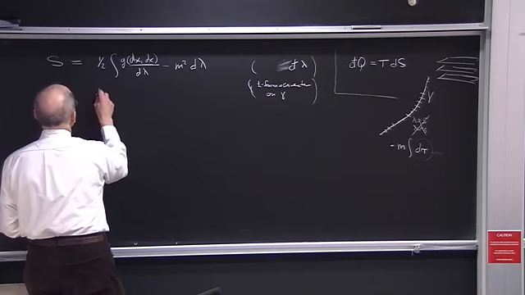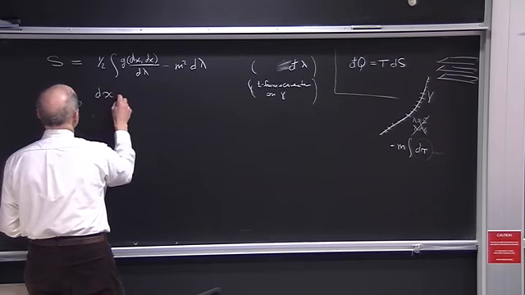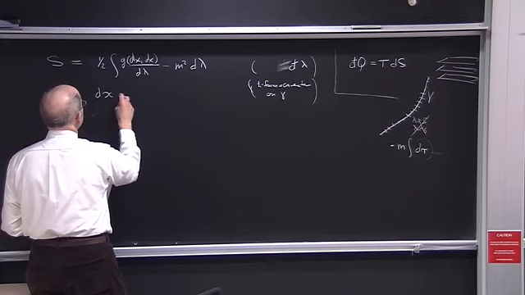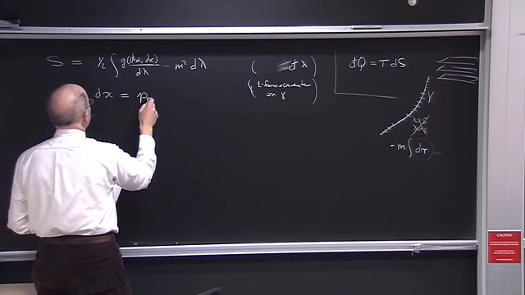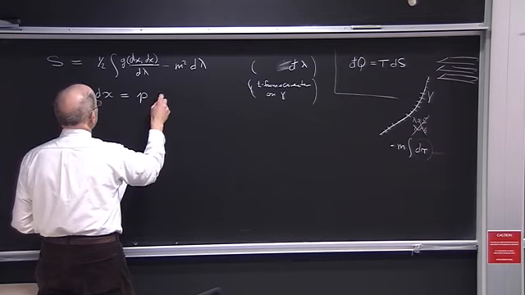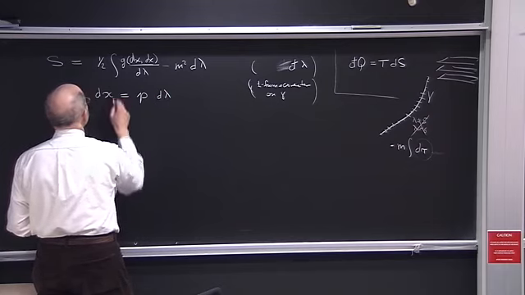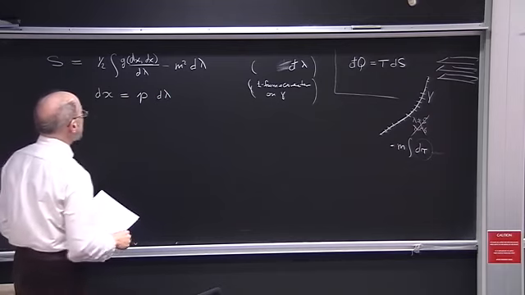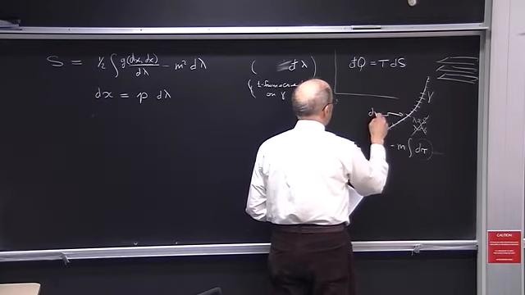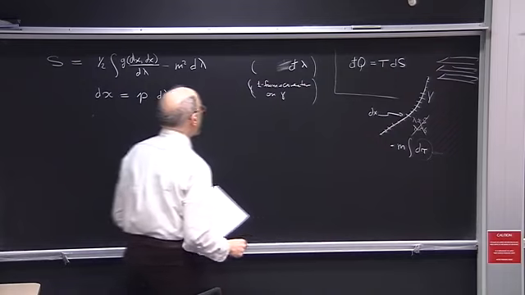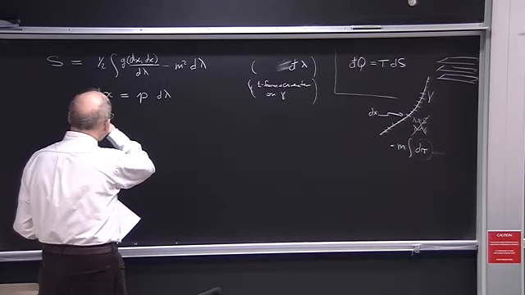First, notice the relationship between P, remember, P was dx d lambda, or if we like, dx is P d lambda, where dx is a little infinitesimal displacement along the curve.